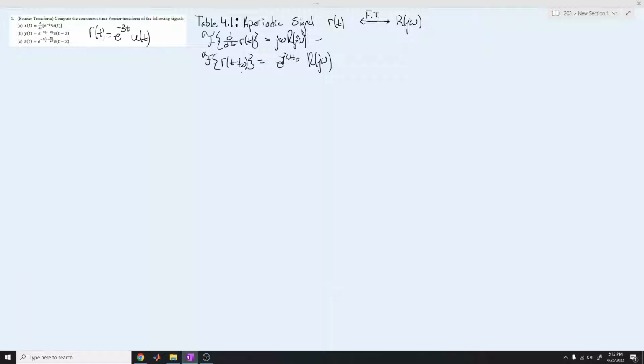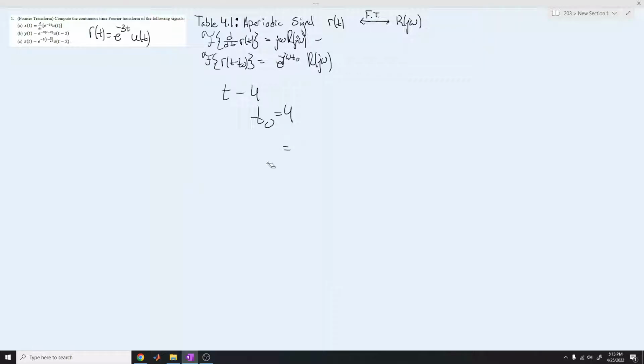Notice that there's a minus sign right here. So if it's t minus 4, t naught is equal to 4. And if it's t plus 4, that's t minus negative 4, so t naught is equal to negative 4.